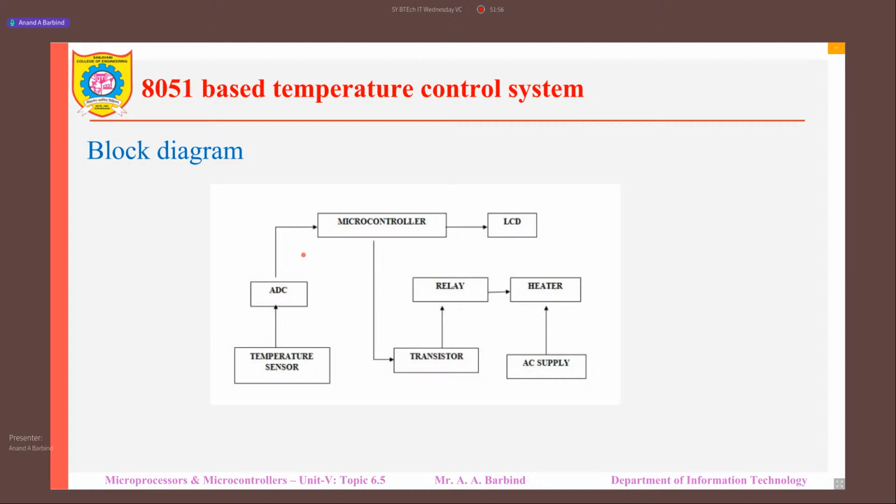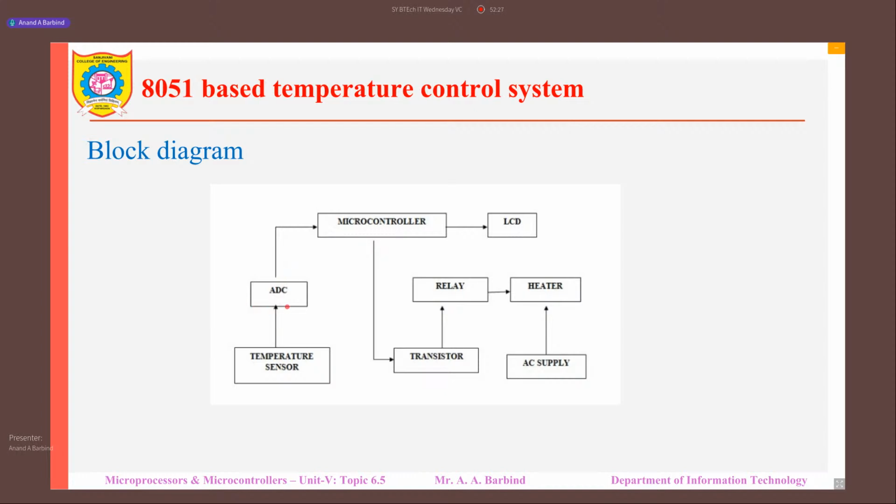These 3 lines will indicate which temperature sensor is to be selected. For example, 000 will select temperature sensor 0, 001 will select temperature sensor 1. So there can be 8 different temperature sensors, with IDs from 0 to 7, and the microcontroller will tell the ADC to select one of its 8 channels.